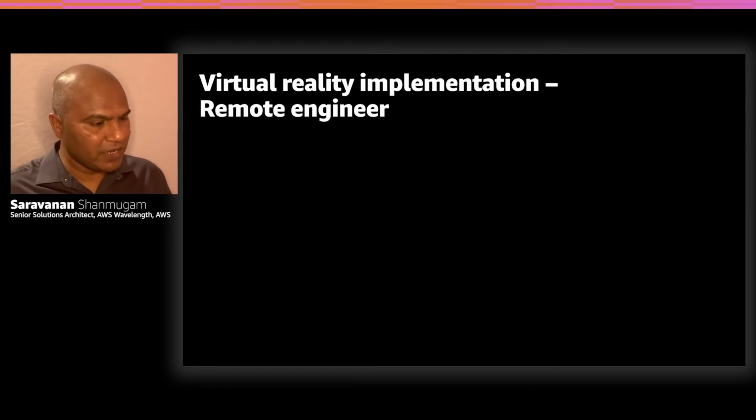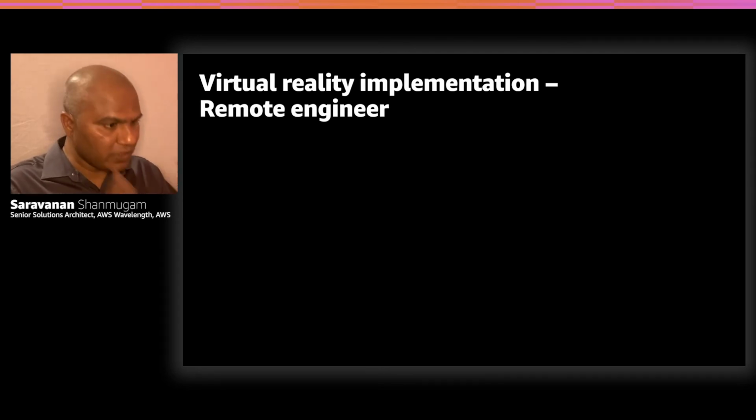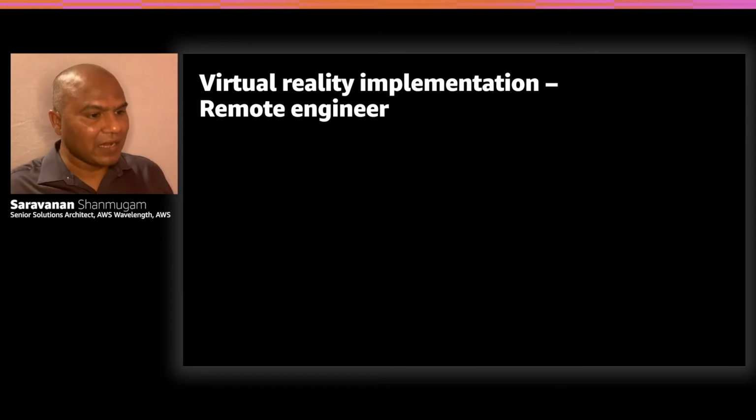There is a possibility, and in fact, we have proof of concept customers. We are testing out VR applications without the need for on-site compute, without the need for high-profile GPU instances close to the source of the data, and running them inside the wavelength zone. Fascinating use cases. When I started in this field, I thought VR is basically for gamers.